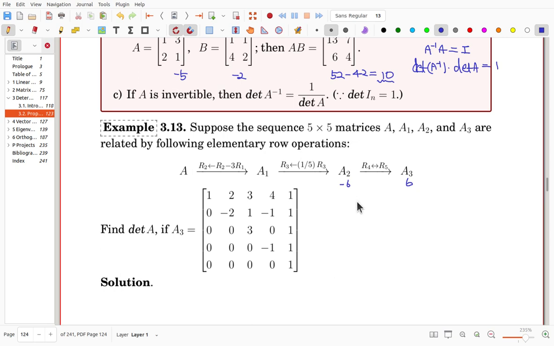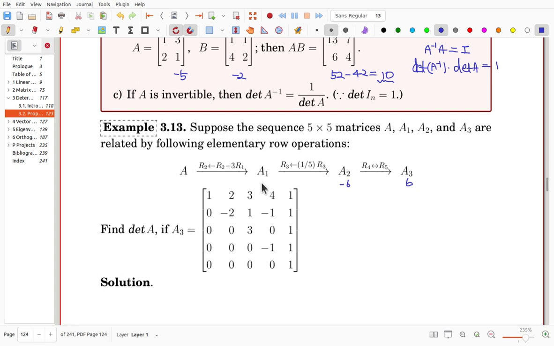Now here, that is scaling, and from A1 to A2, we applied this scaling. So the third row is multiplied by 1 over 5. If it is not multiplied, then the determinant will be 5 times larger.